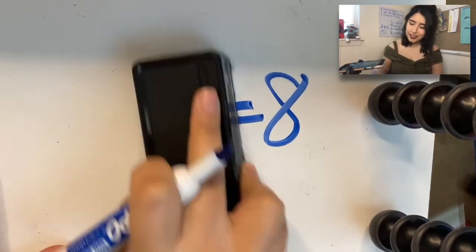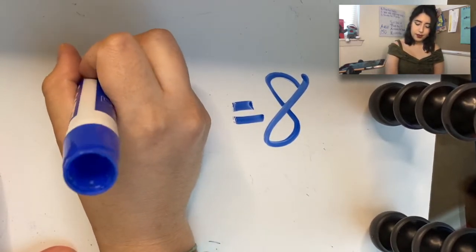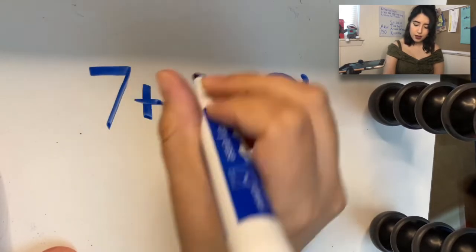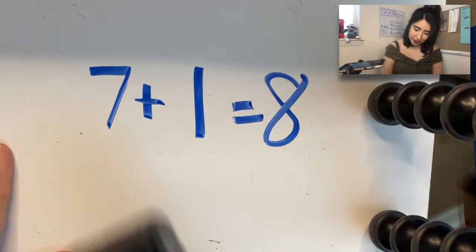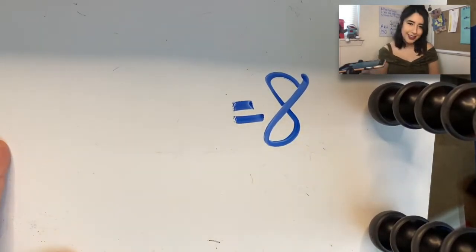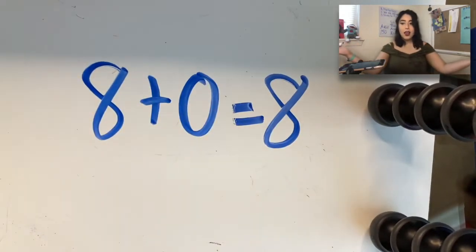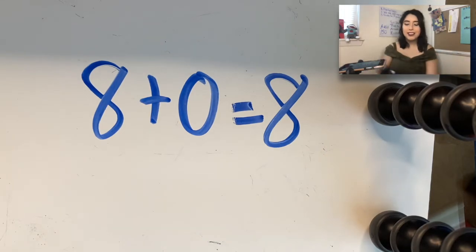Great. Seven plus 1 equals 8. And 8 plus 0 equals 8.